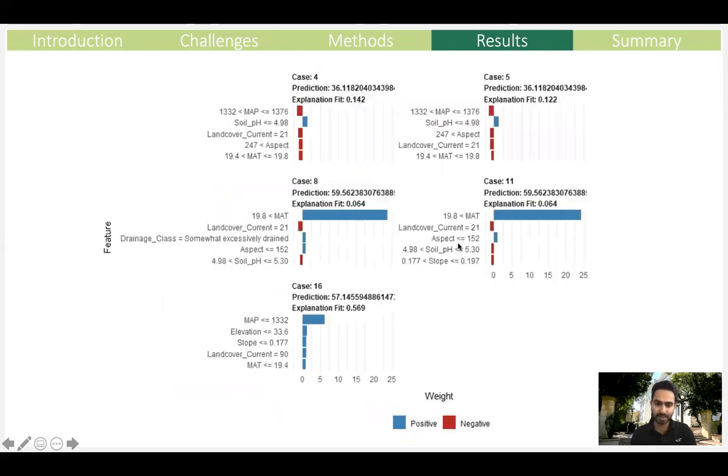covariables. And this figure shows how different covariables and different ranges of them help. If we look at the range of 36 tons per hectare, when the prediction was 36, if the mean annual temperature was between 19.4 and 19.8, it actually had a negative effect on soil organic carbon.